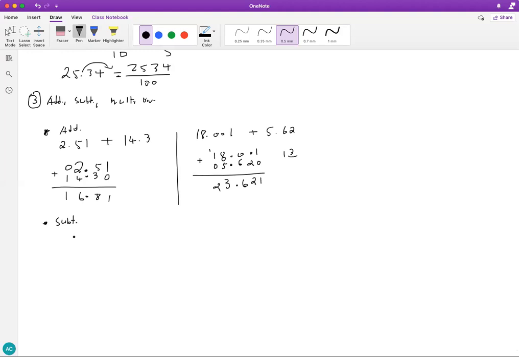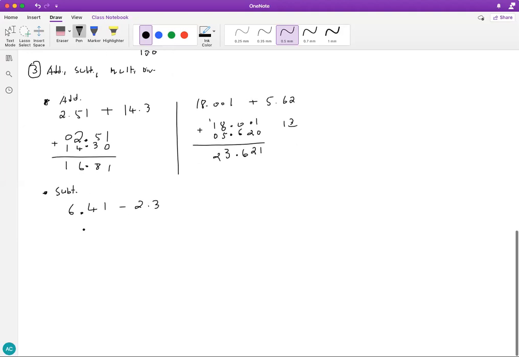So if we have, say, 6.41, we want to subtract from this maybe 2.3. So with addition and subtraction again, we have to align. So we're going to write the first one, 6.41.